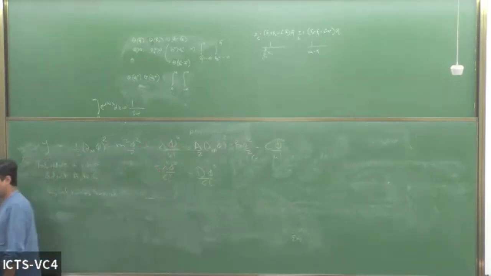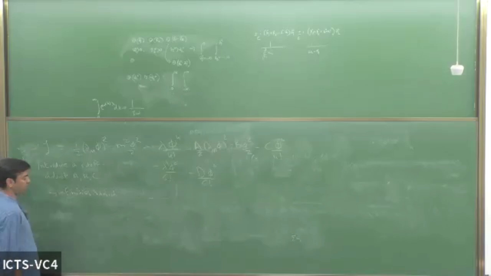So I want to explain a little bit about how you might think about this from what's called a Wilsonian perspective. The basic idea of the Wilsonian perspective is to take seriously the idea that we have a cutoff lambda.